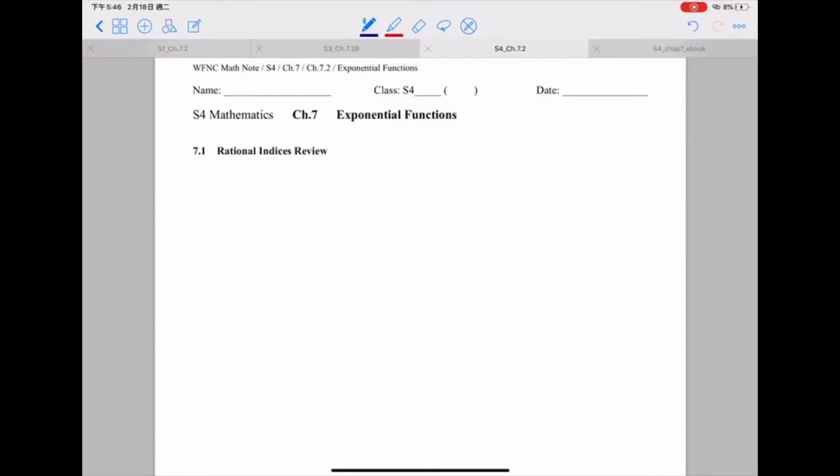Now in Form 3, you have learned zero index and negative index. And this year, you learned one more, which is fractional index, in which the index is not an integer, it's a fraction. So you know, square root 2.